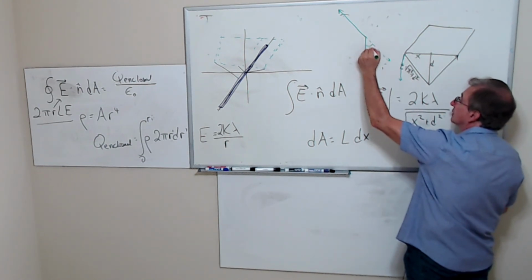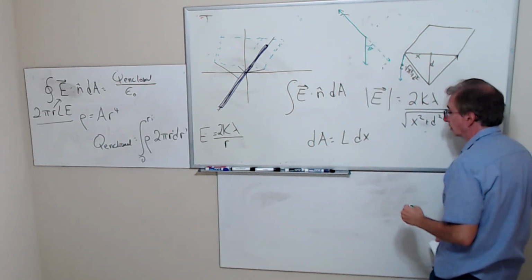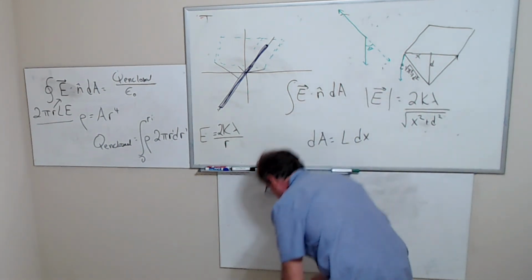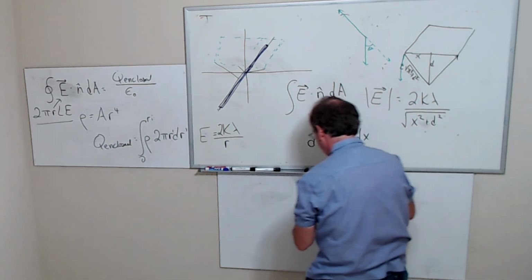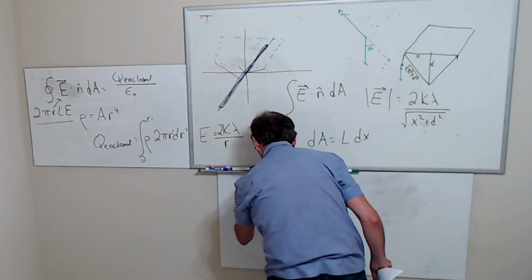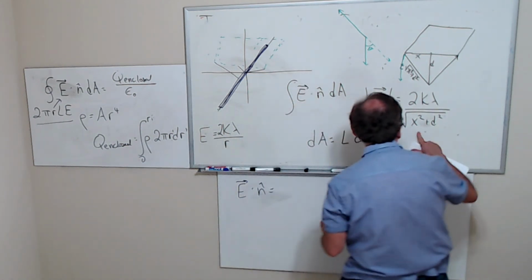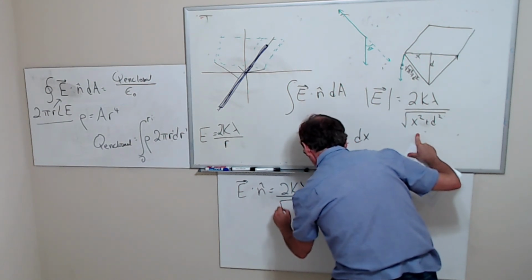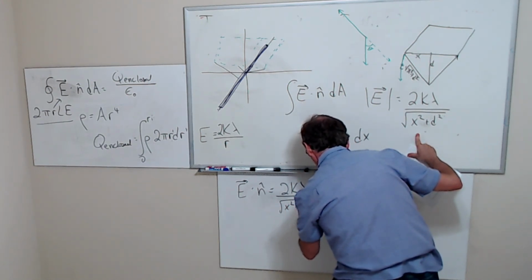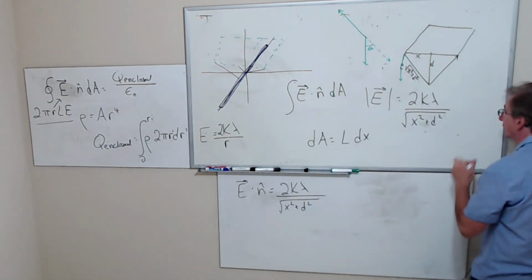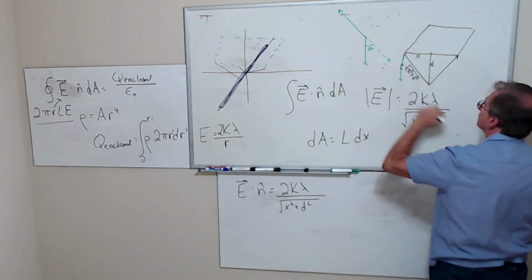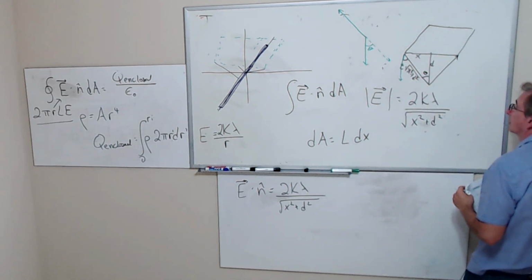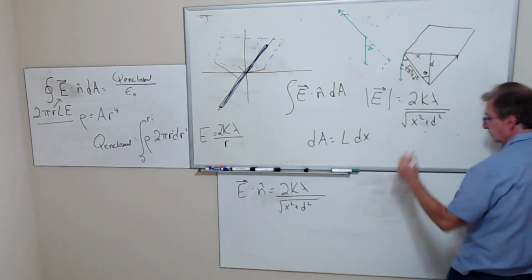So if I know this angle theta, then it's just the z component. So E dot n is going to be this times the cosine of this angle, which is going to be d over this.